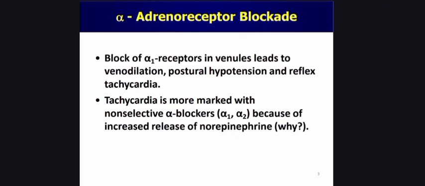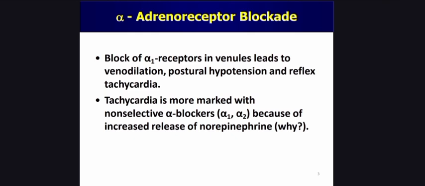So, where am I leading to? If I block the two types of receptors, the alpha-1 and the alpha-2, I'm going to see more of the tachycardia than if I block the alpha-1 alone. Okay, if I block the alpha-1 alone, I'm going to see reflex tachycardia, as we see here in this first paragraph, that is related to the postural hypotension.